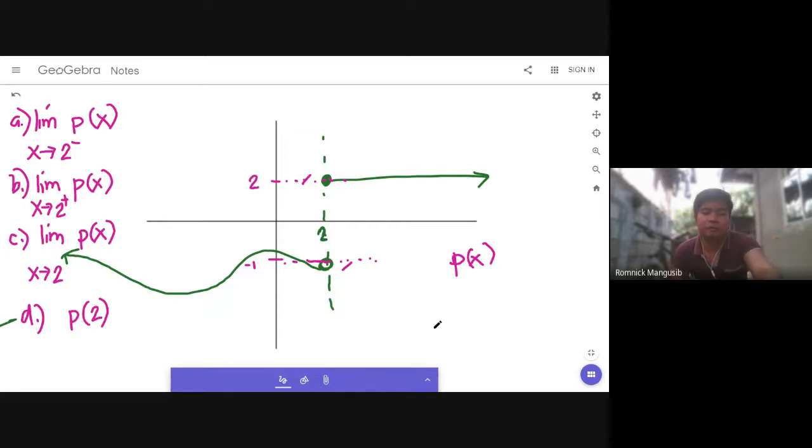Okay, I give you 20 seconds to please comment your answers on letter A, B, C, and D. And take note, this is recorded. So nakikita ko kung sino nagko-comment. And this will be part of your recitation. Okay, there's no harm on trying. Kung mali man ang sagot niyo sa una, at least you learn the next.